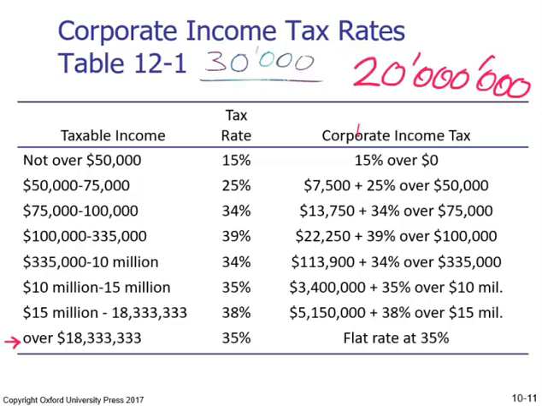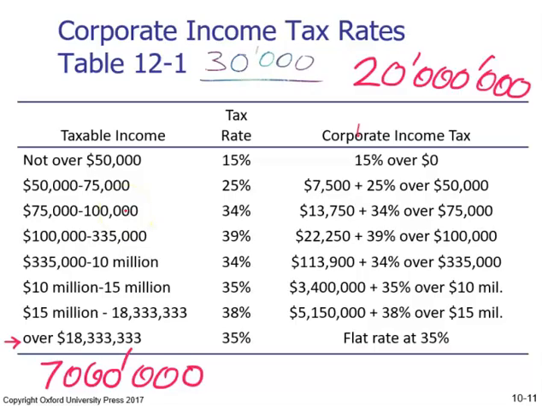And it says the tax is a flat rate at 35%. So it means forget about these parts, just go and apply 35%. So what would it be? It would be $7 million.